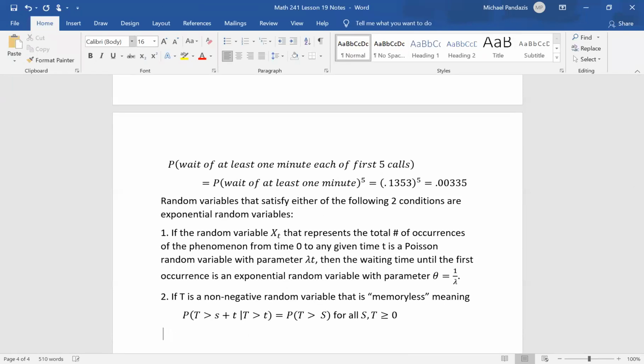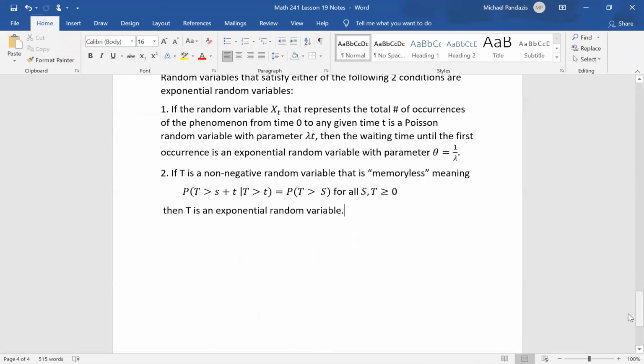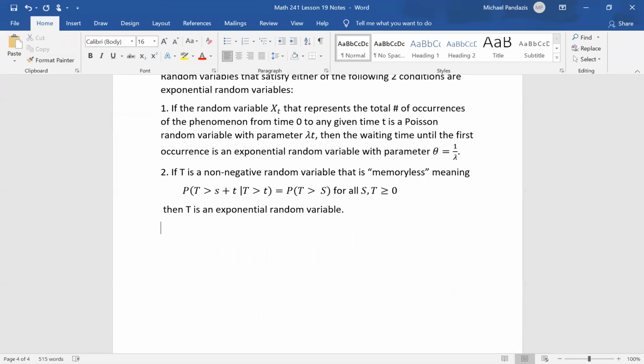And capital T is an exponential random variable. Okay, so these are the two situations where you have an exponential random variable.